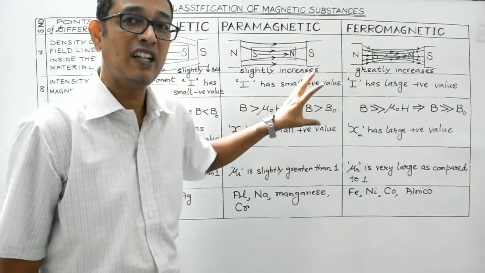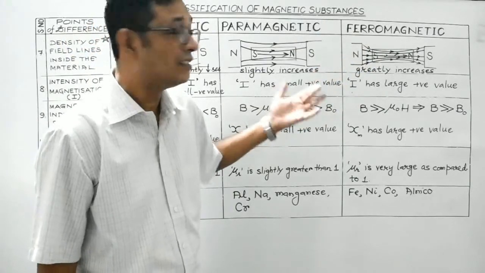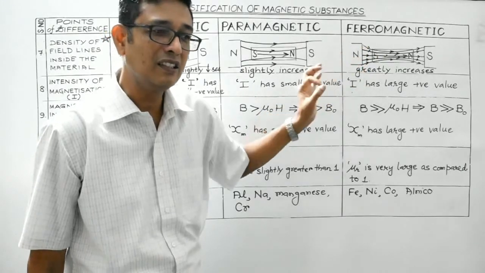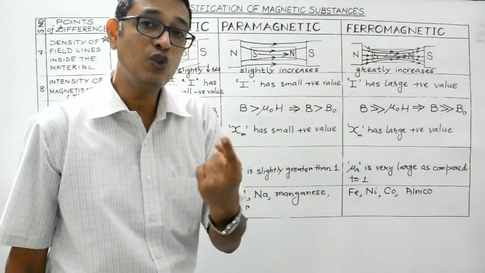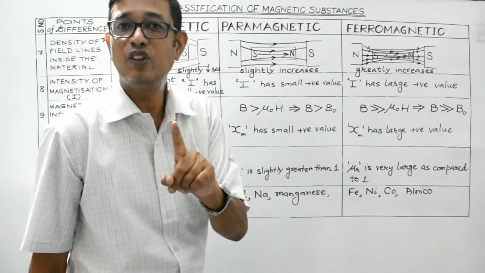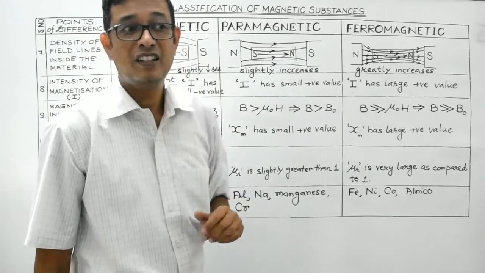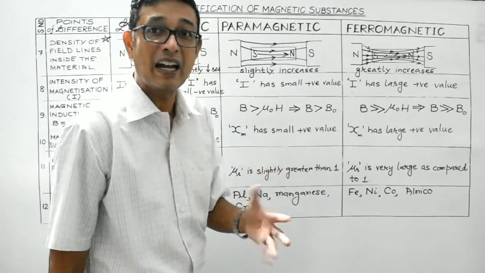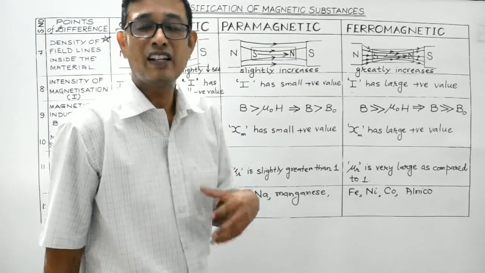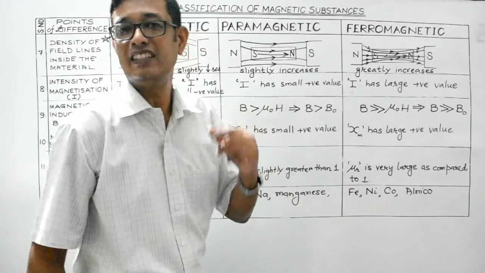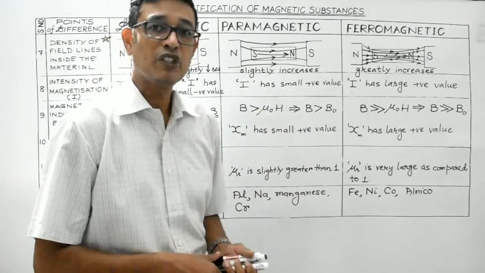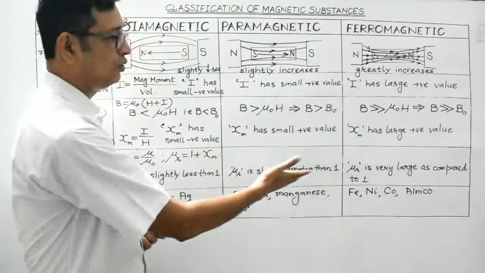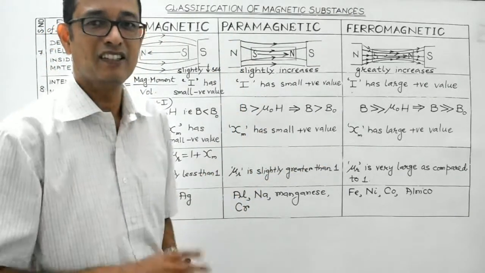So in order to understand this difference between these magnetic materials in the complete sense, you need to have a proper understanding of the technical terms like magnetic intensity, susceptibility, permeability, isn't it? Magnetic induction, magnetic flux density. So these are the terms which you need to be thorough with. It is only then you can fall back to these topics and understand it completely, right?